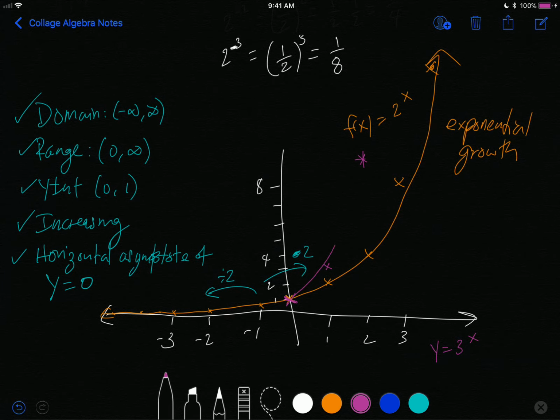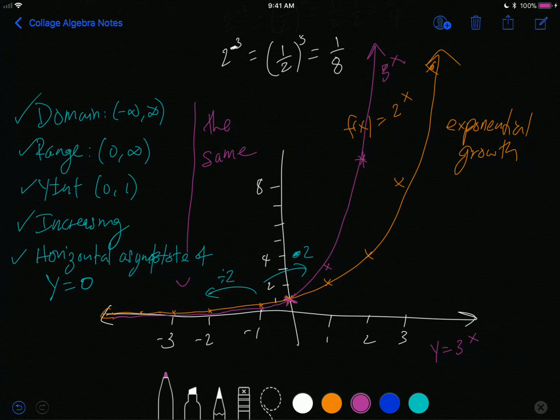So the graph is going to go higher, faster. When I plug in -1, I'm going to get an answer of 1/3, which is below 1 right here. And so it's also going to get lower faster. But for the graph of 3 to the x power, all of these things are still the same.